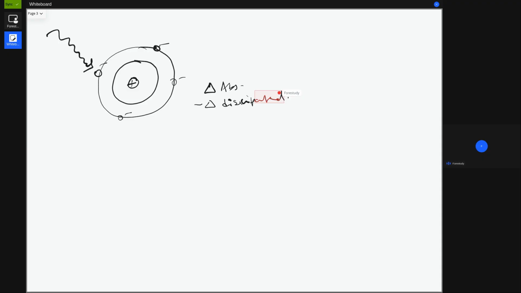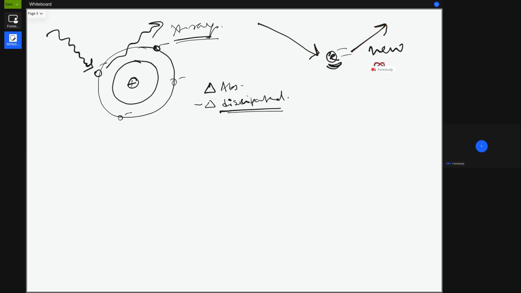If the energy is not enough to kick out an electron, then the energy has to be dissipated or released, in the form of an X-ray. A new X-ray will be formed. So when it hits an electron, some energy gets absorbed inside it, whereas some gets dissipated in a new X-ray. That is called elastic scattering.